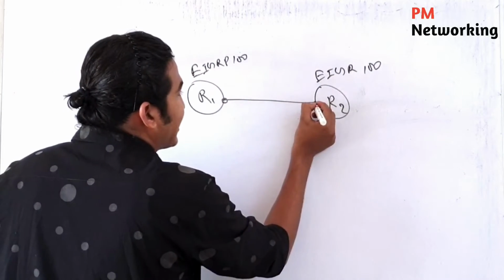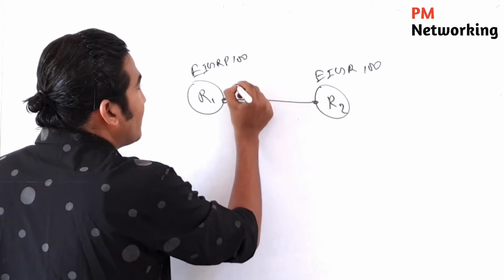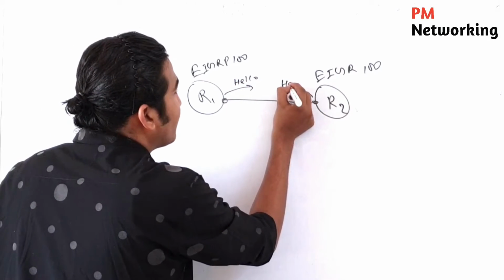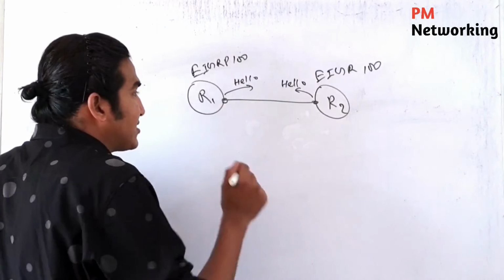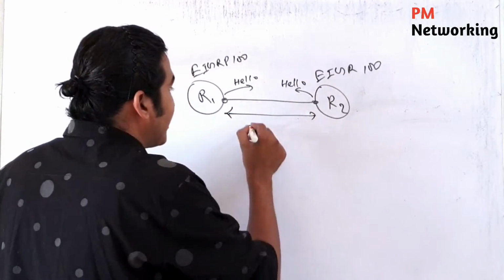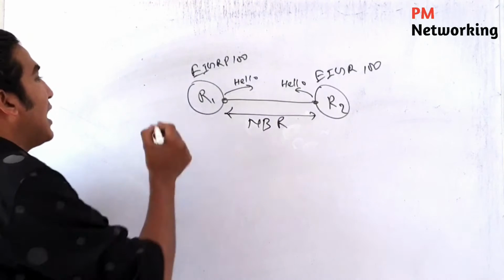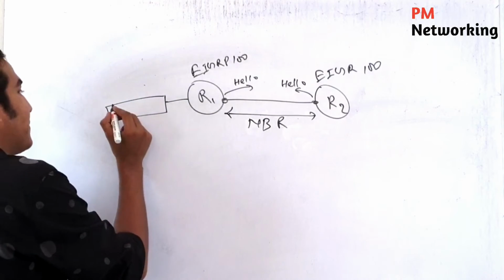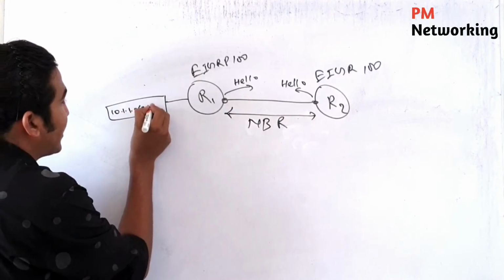After that I will advertise this prefix in EIGRP, then this router will send hello, this router will send hello, right? If the parameters match, then these two routers will become neighbors, right? And suppose we have one LAN over here, and the IP address of the LAN is 10.1.1.0/24.